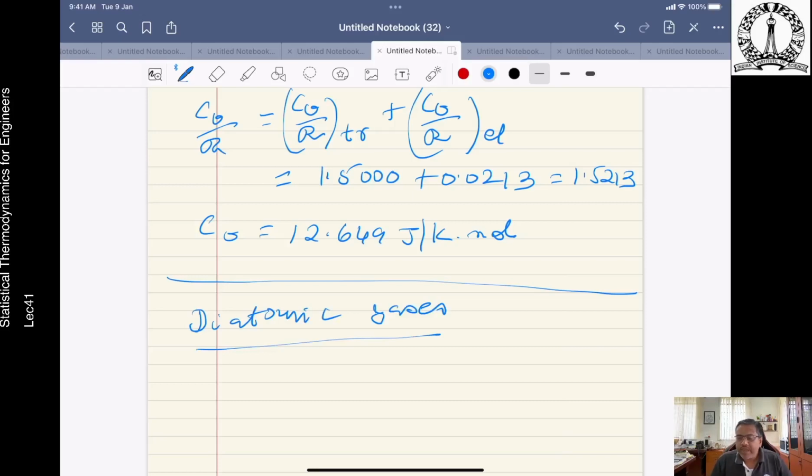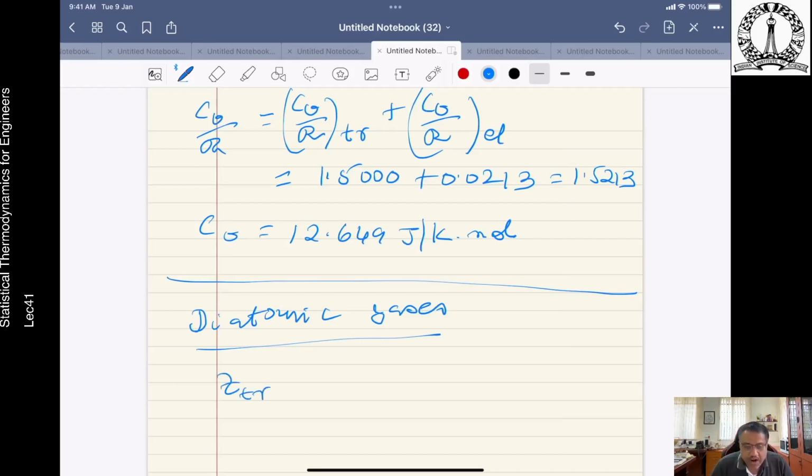So for diatomic gases, we are simply going to add the contributions. The translational mode of a diatomic: the translational partition function is based on the conversion to center of mass coordinates that we already know.